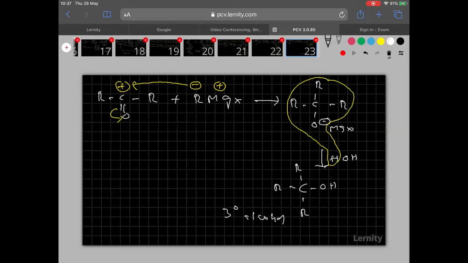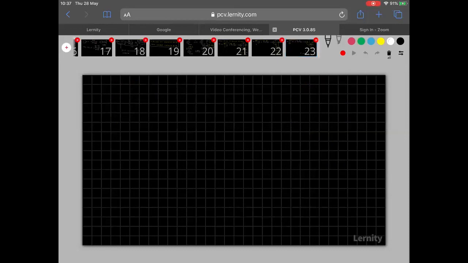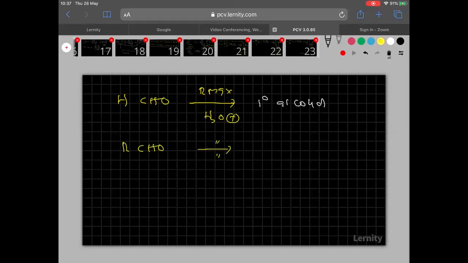Let me summarize this one. If you take methanol, when treated with the Grignard's reagent followed by acidic hydrolysis, what is the product formed? The product formed is the primary alcohol. Except methanol, if you take any other aldehyde, treated with Grignard's followed by acidic hydrolysis, what is the alcohol that you get?